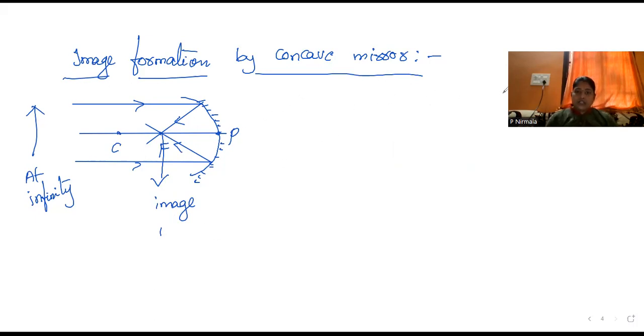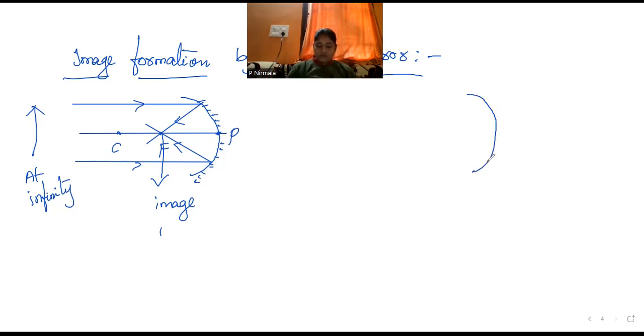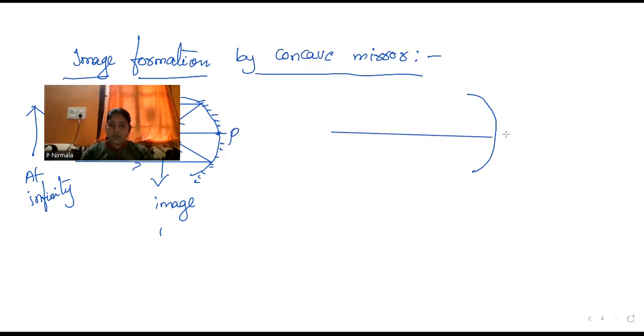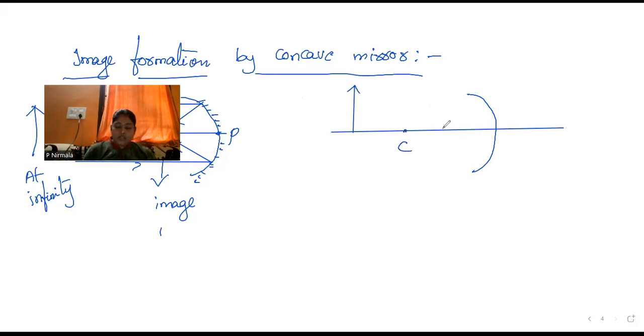So the next case is, the object is placed beyond C, that means near to the C. Understand? So beyond C. Where is the image forming now? Let me tell. The image is formed between center and focus point.